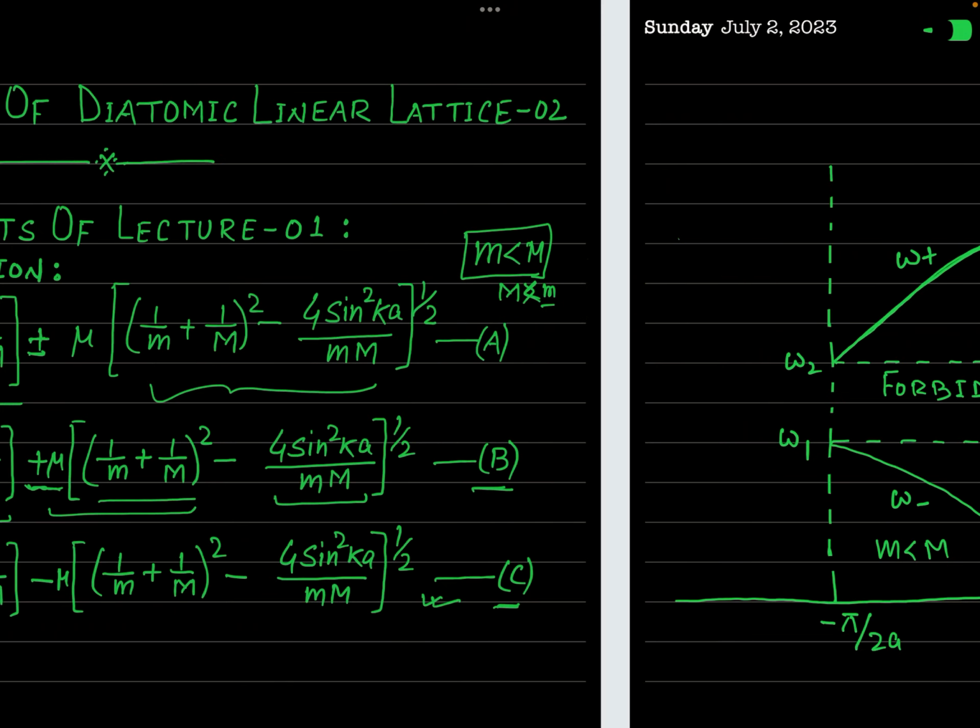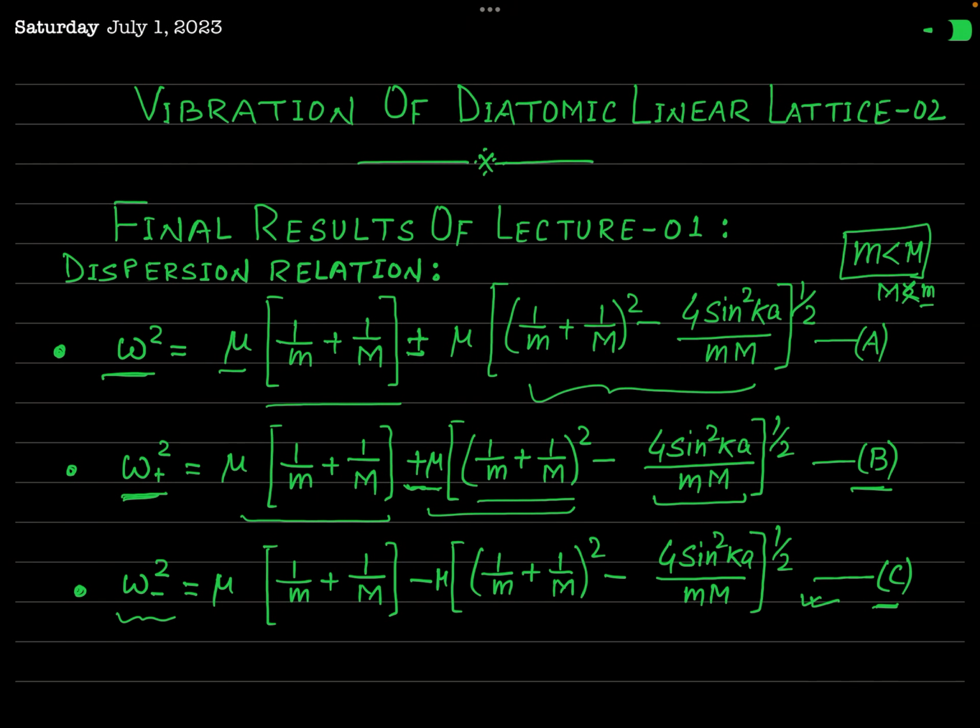Now let us see what will be this omega minus for this value of k equal to 0. Again, the term containing sine square ka will be sine square 0, and that will be 0.